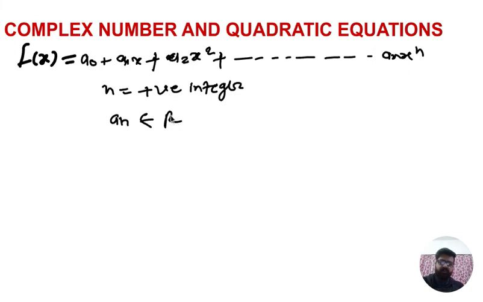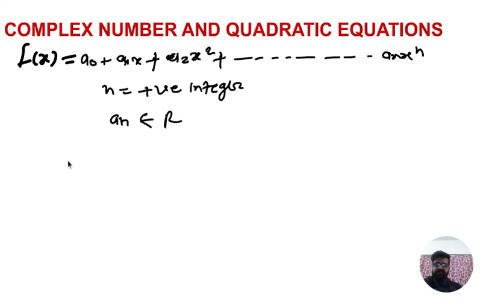I already told you what a set is in our set theory. So an is an element of the set of real numbers. The value of n can be any positive integer: 1, 2, 3, 4.